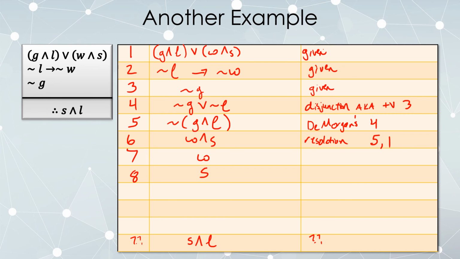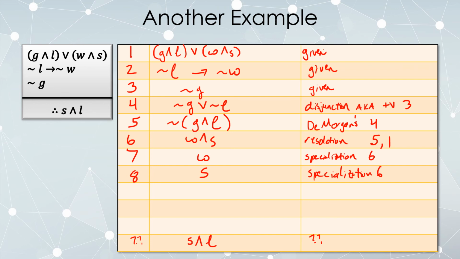Get both of its individual components. Okay, this is specialization, or the elimination of the and applied to line 6. It's not necessarily true that both of these are handy, but maybe it is.